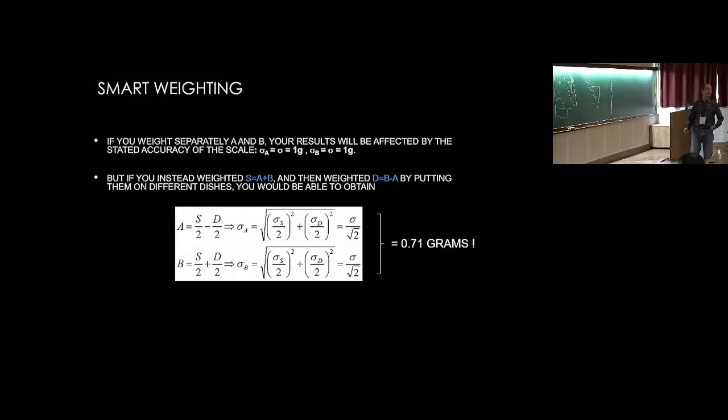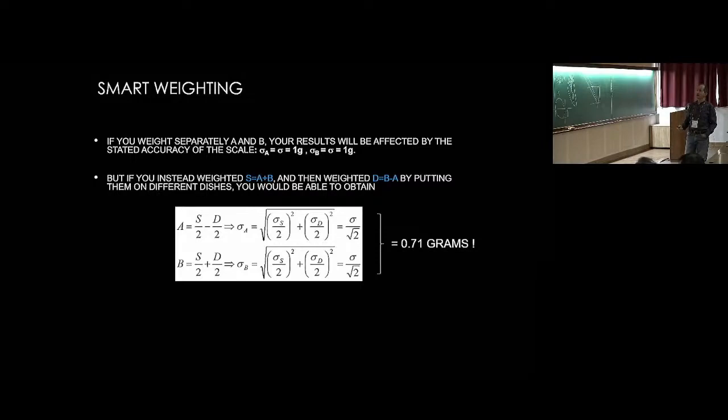You put the two objects on one plate and you weigh them, and then you put the two objects on two different plates and you find equilibrium again. And you are effectively weighing the sum and the difference of the two objects. If you weigh the sum, you get an accuracy of 1 gram. You weigh the difference, you get an accuracy of 1 gram.